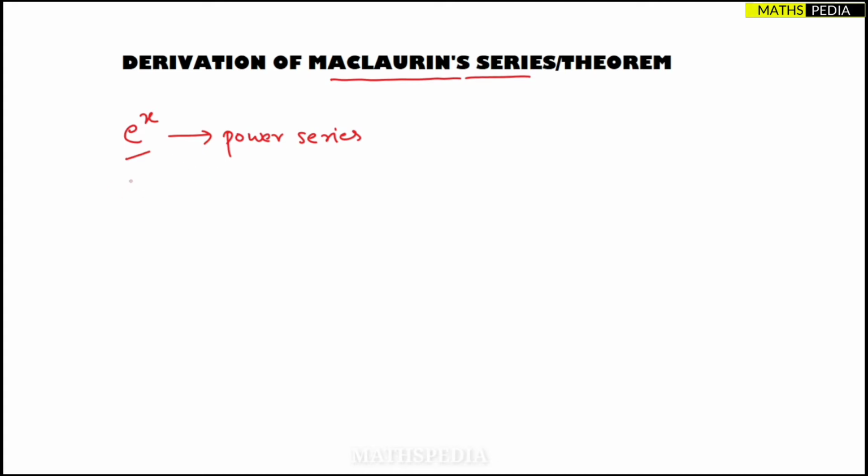You might have seen e power x represented as a power series, which is equal to 1 plus x plus x square by 2 factorial plus x cube by 3 factorial and so on, x power 4 by 4 factorial and so on. Okay, like this. So this is a series in which you can see the powers of the function. Here you can see it is x power 1, 2, 3, ascending order, smaller to bigger.